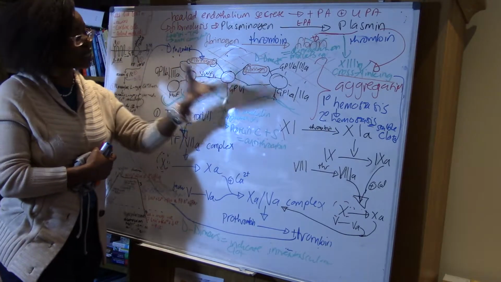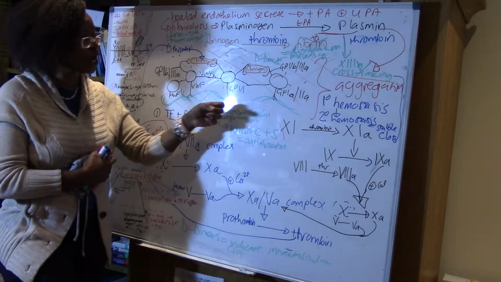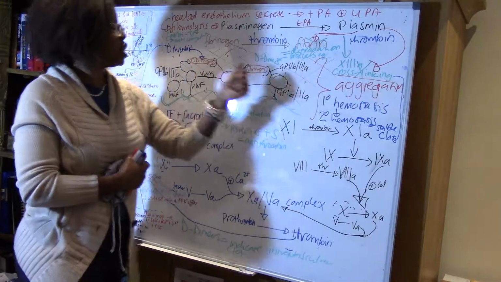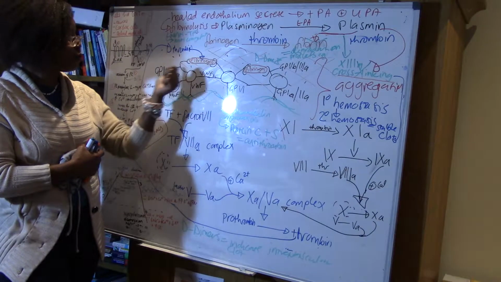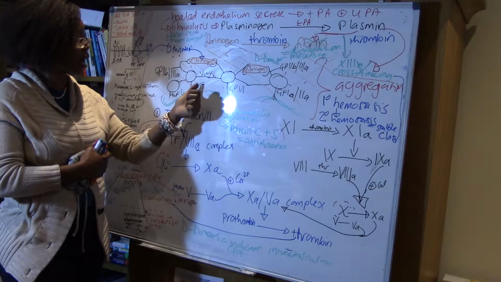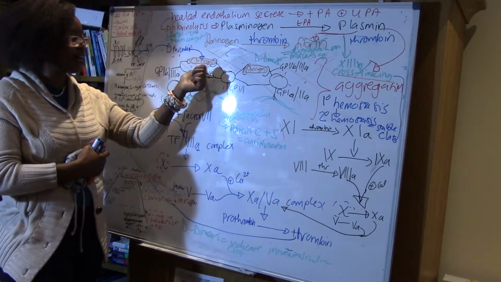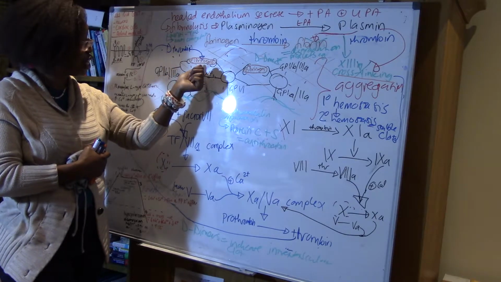Once they are activated they bind onto that exposed collagen and aggregate via the conformational change of the GP2B3A receptor under von Willebrand factor, and that then houses fibrinogen.